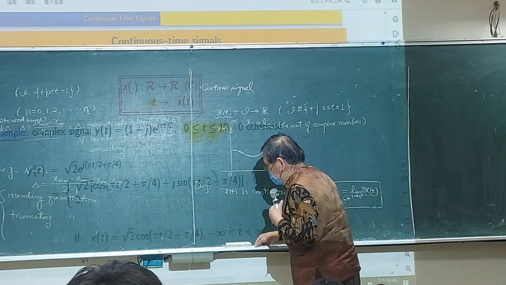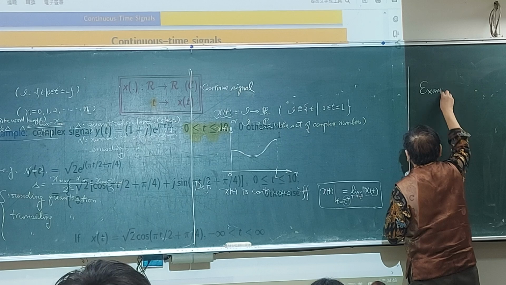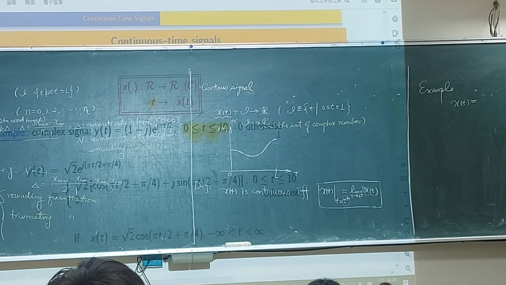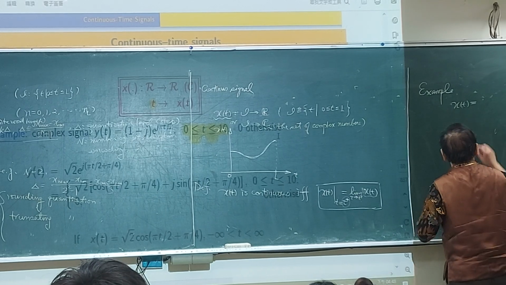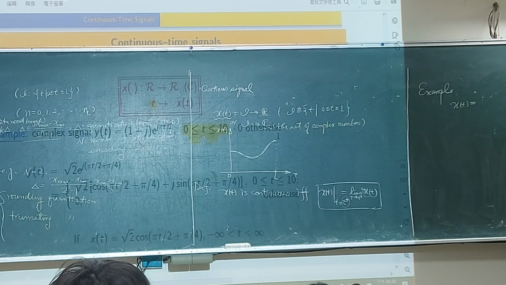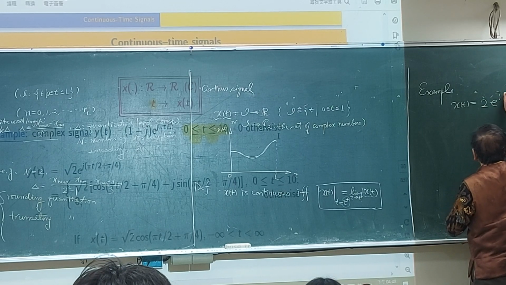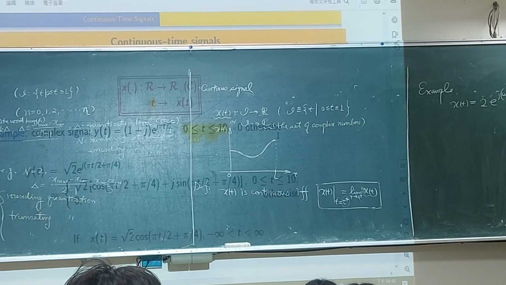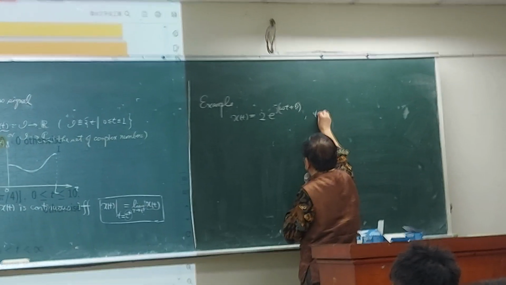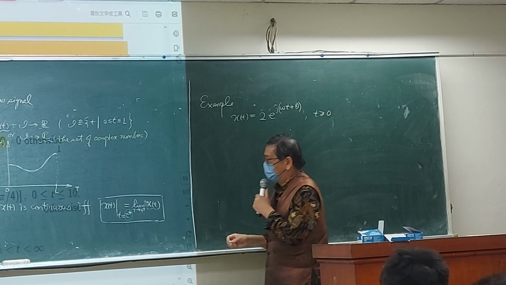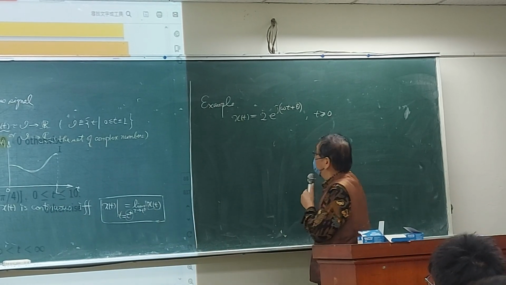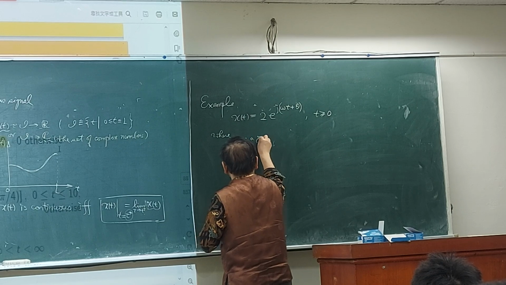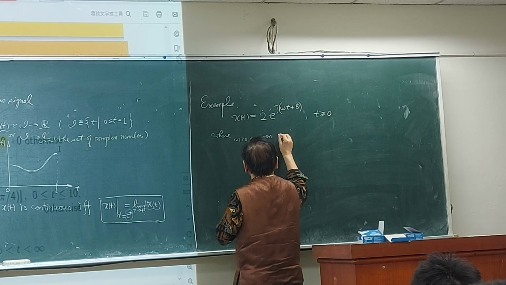Alright, and then a quick example. Where you have x(t) is equal to, let me use 1 to the third, a complex function: 2 times e to the j times (omega t plus theta). Where omega is given, positive.